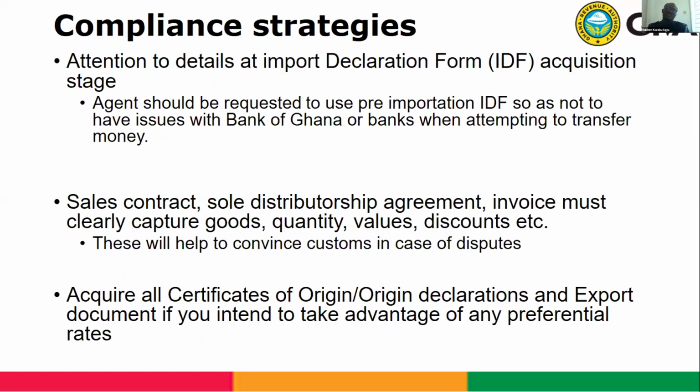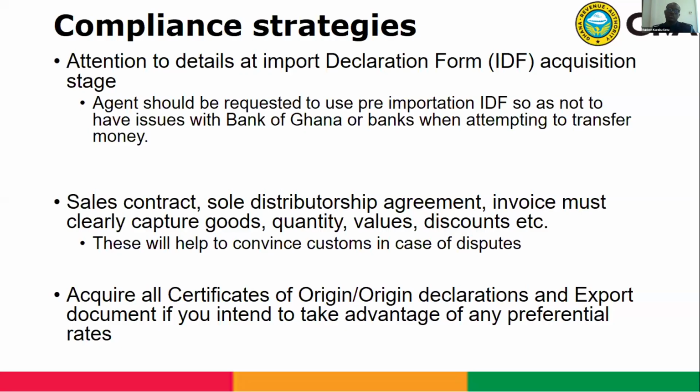So what are the compliance strategies that are available to an importer? Importers are to pay attention to details at the import declaration form acquisition stage, the IDF stage. At this stage, every piece of information about your transaction will be captured. And most of the time, this is the document used to remit or transfer money for items purchased. So when this document is not filled or completed properly, you may have issues from the start with your transaction.